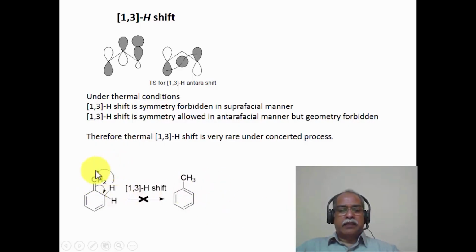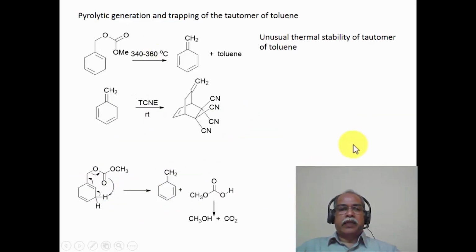In spite of the fact that this is a less stable structure thermodynamically in comparison to toluene, toluene is stable because of the gain of aromaticity energy, the delocalization energy. Such a thermal 1,3 shift does not take place quite readily, as illustrated by the example shown here. When this carbonate is pyrolyzed, the pyrolysis essentially leads to the tautomer of toluene along with small quantities of toluene, of course.